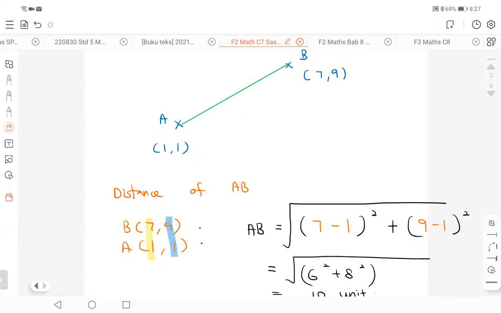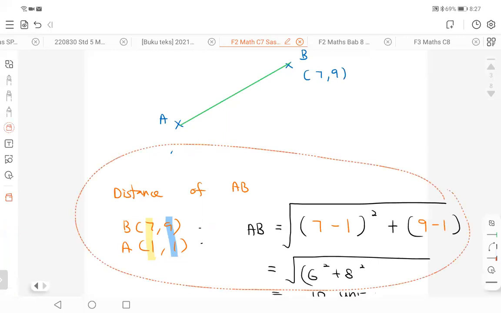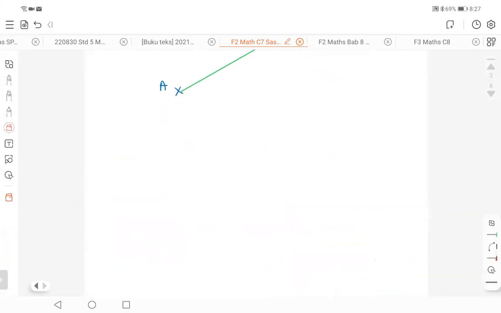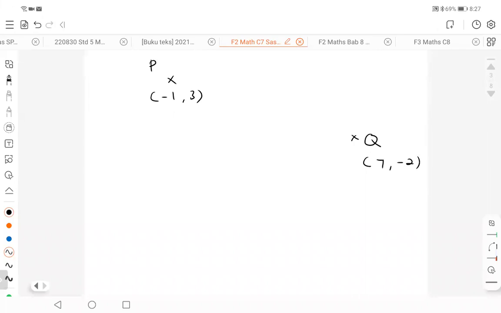Once again, how do we do this? Let's say now we have the other side, PQ. P is -1, 3. Q is, sorry, it should be 7, then -2. Distance can never be negative.